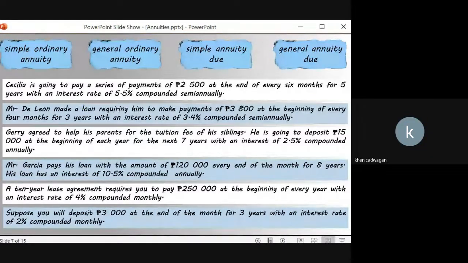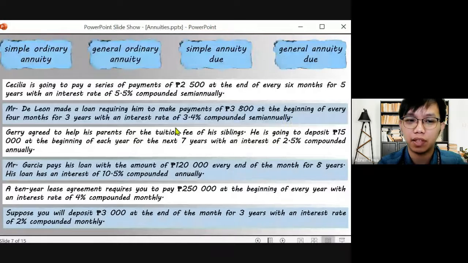The payment interval is... he pays 3,800 pesos at the beginning of every 4 months. Okay, so ano yung payment interval natin dito?